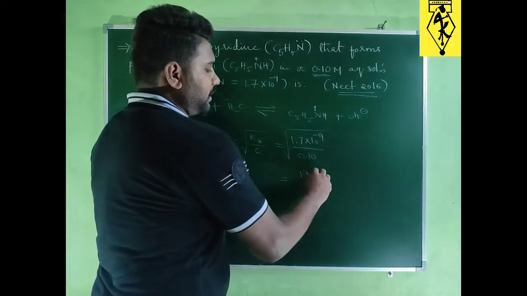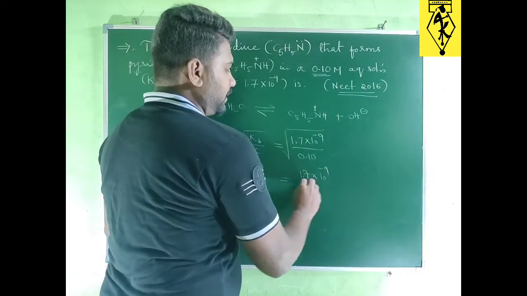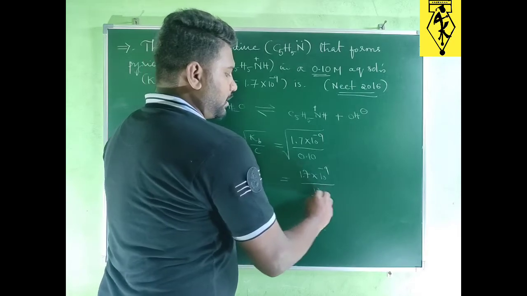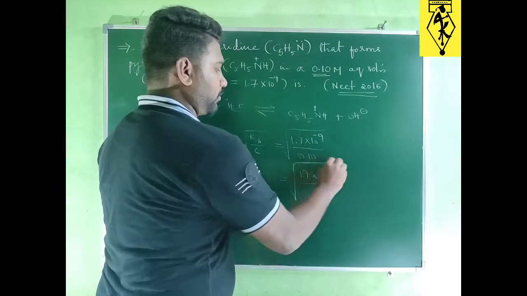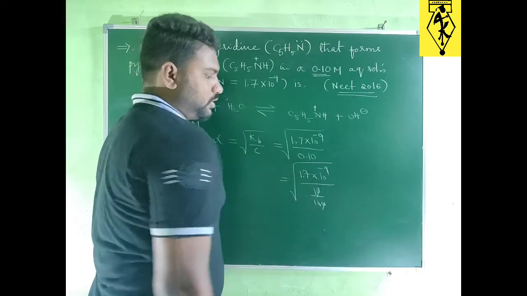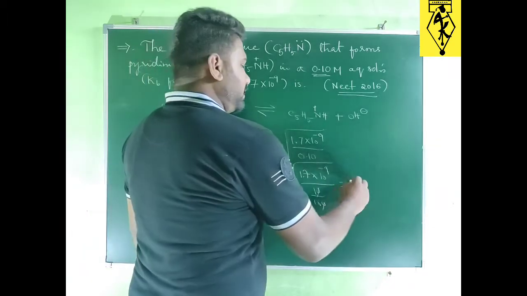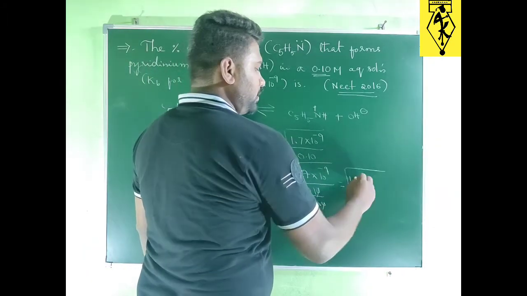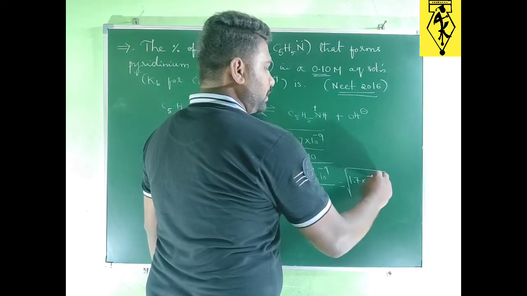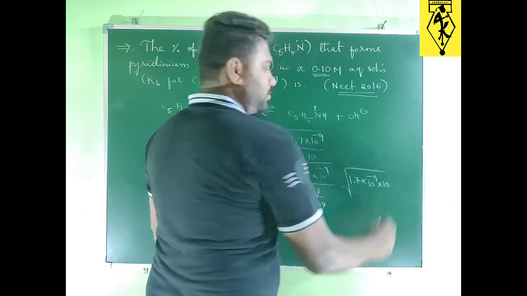So square root of 1.7 into 10 power minus 9 divided by 10 by 100. Here the 0 will get cancelled and this becomes square root of 1.7 into 10 power minus 9 into 10.